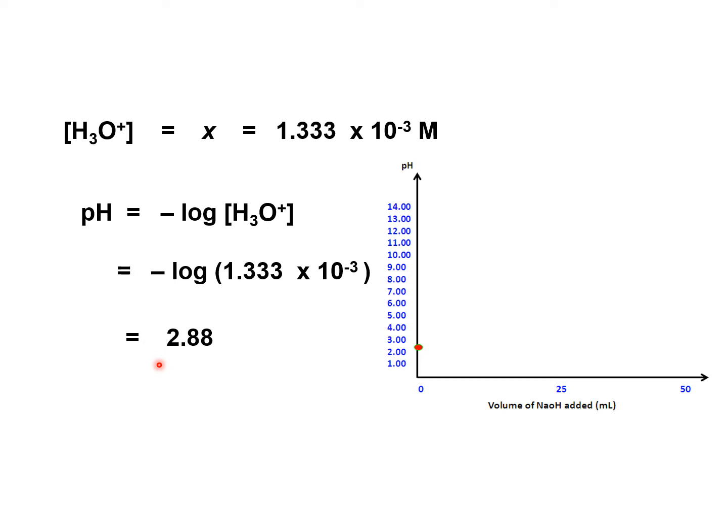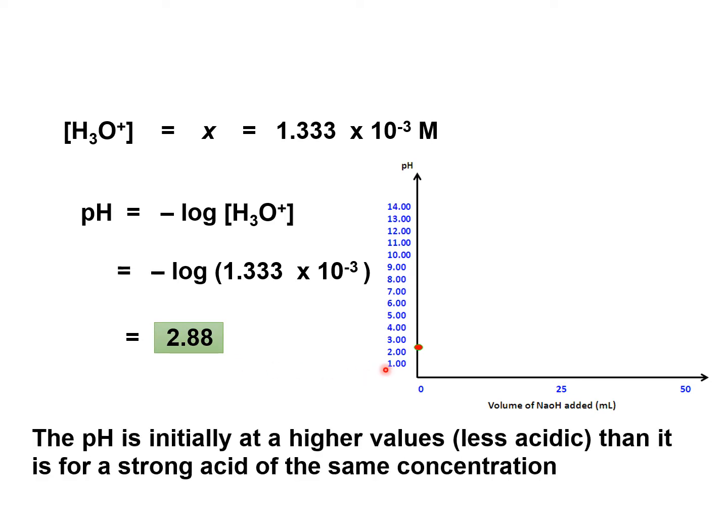The initial pH that we will sketch on our titration curve when the volume of sodium hydroxide is 0 is 2.88. So if you look here, the pH is initially at a higher value. That means its value is a bit larger compared to the one we did with strong acid and strong base, where the value was 1, or very small.